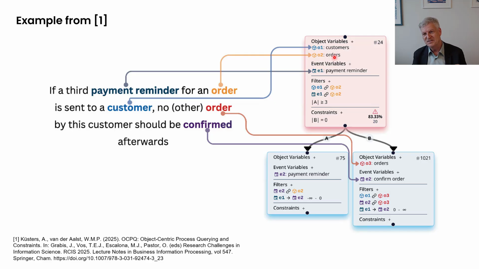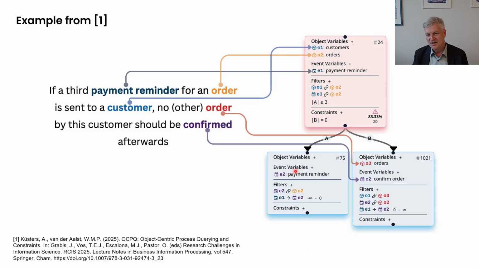So we are interested in the orders belonging to particular customers. If we look at O1 and O2, we know that this customer placed this order. Also, E1 is related to O2 through an E2O relationship. I explained this earlier. Now I look at the combination of these two things: the payment reminder for this particular order. This is what we see in this part.